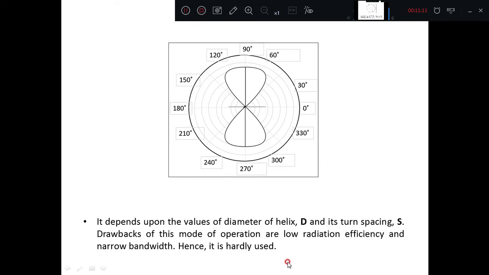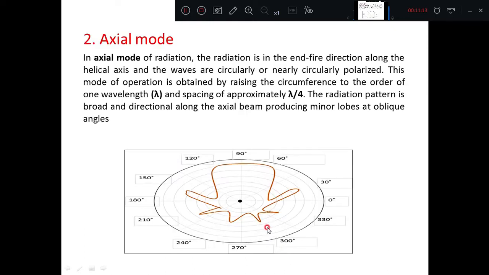Then what is the most commonly used mode of operation? That is the second one, axial mode. In axial mode the radiation pattern is like that of a basic antenna, which has a major lobe as well as minor lobes and back lobes, also called side lobes. The radiation is in the end fire direction along the helical axis.